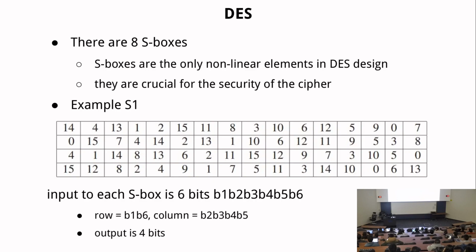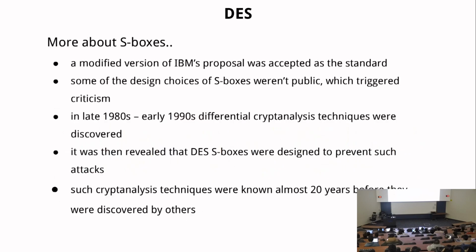IBM didn't explain that. Because of that, it somehow breaks Kerckhoffs's principle. You're not disclosing every design principle of your algorithm to the public. Even though you disclose how it works, the design didn't disclose the principle.